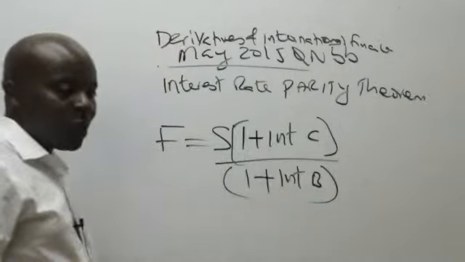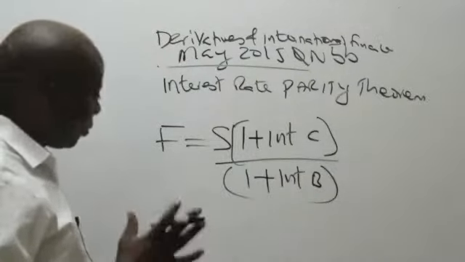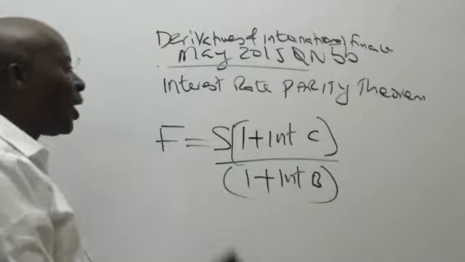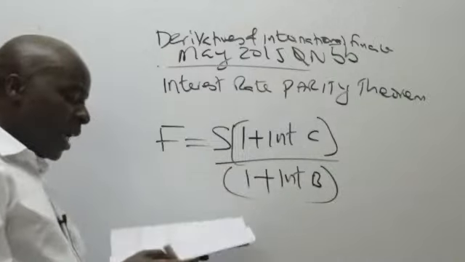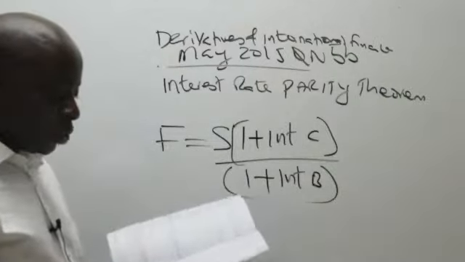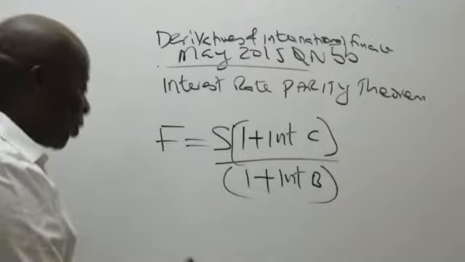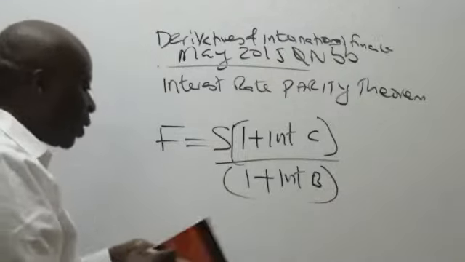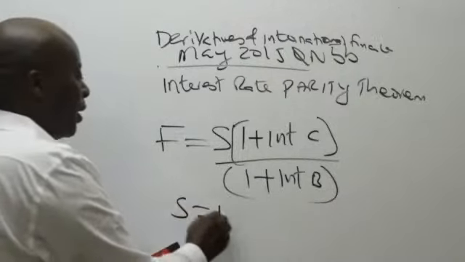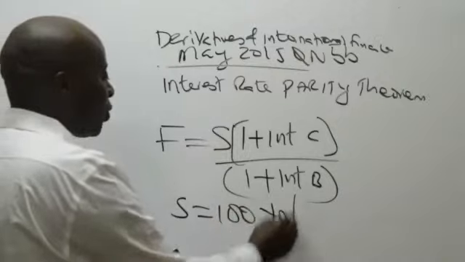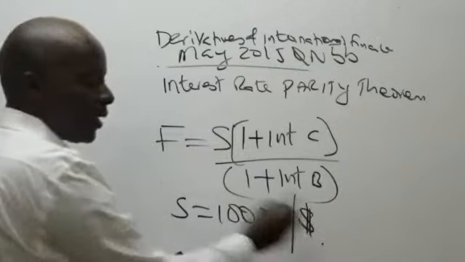Thank you very much, I can see you're doing a good job. Now, this question says: assume that the spot exchange rate equals 100 Japanese yen to $1 US. So the spot exchange rate is 100 yens per dollar.